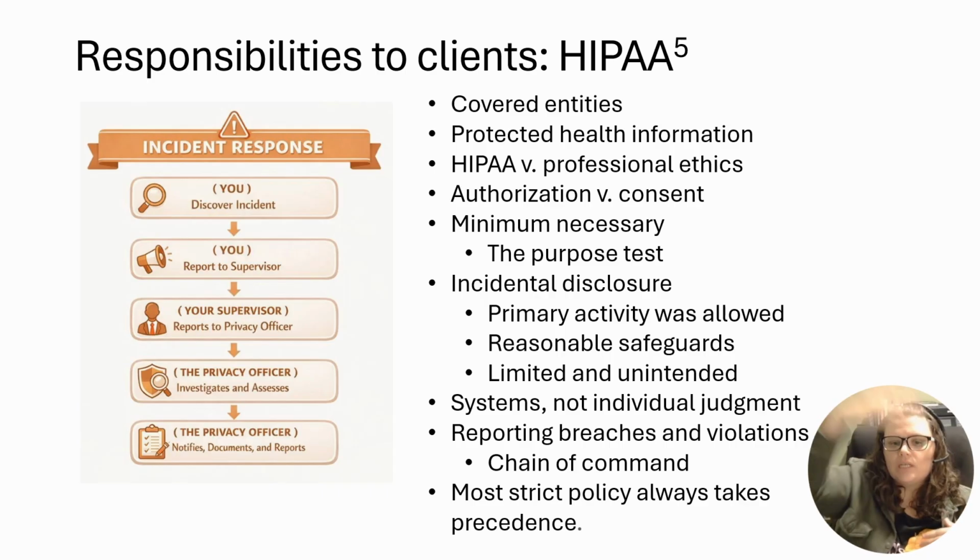They're the ones that are going to take it to the privacy officer, or whoever they are assigned to take it to. And if you're a supervisor, your job would be to take it to your internal privacy officer, and then they would potentially do an investigation. They would decide what needs to happen, and then potentially report it to an external privacy officer, depending on the circumstances. So make sure you're following the chain of command. Make sure you're not trying to cover your tracks.